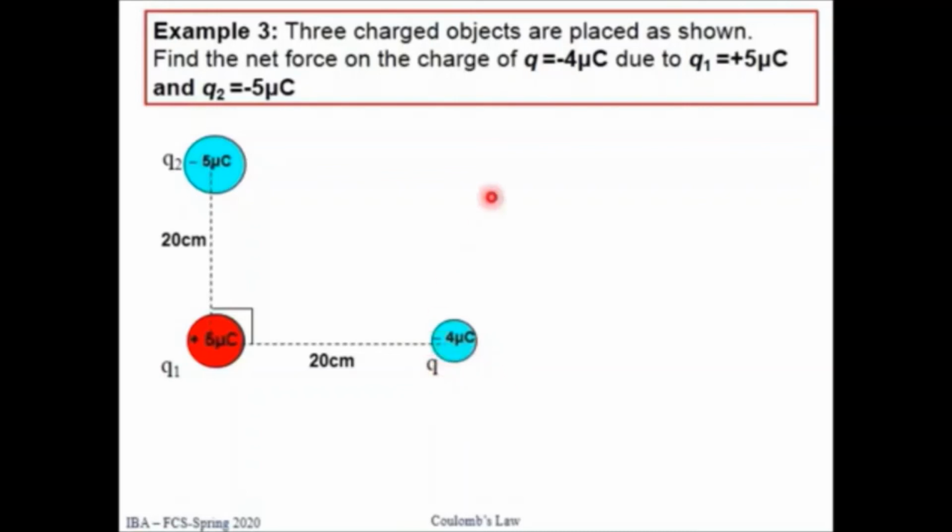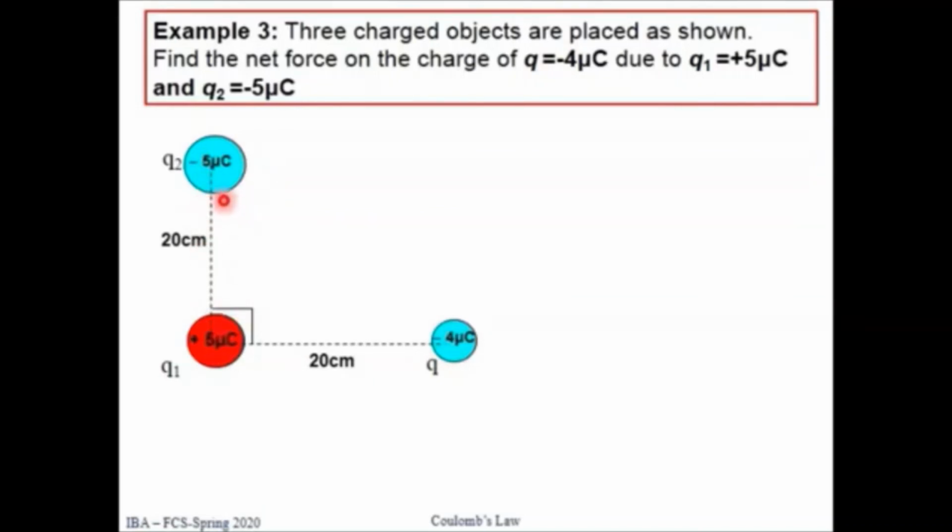Therefore, as per the given problem, we need to find the net force on minus 4 microcoulomb. This is the charge where we need to find the force from these 2 charges.